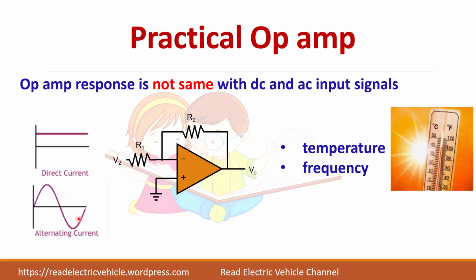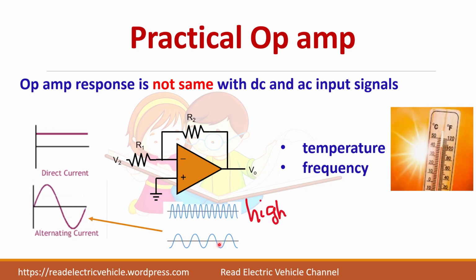In case of an AC signal with low frequency, the op-amp responds well, whereas when the input frequency is high, the op-amp cannot respond quickly because of the internal capacitance present in the op-amp. So due to that, the op-amp will not respond quickly to the high frequency signal.